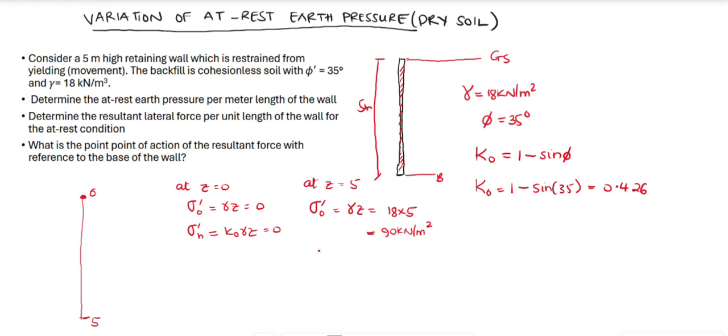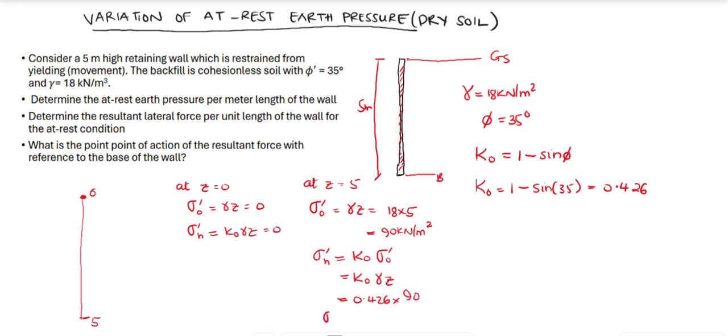Then what will be the at rest lateral pressure? At rest is equal to K naught sigma prime naught, that is the geostatic stress. So K naught, we know, was 0.426, and gamma z was 90.